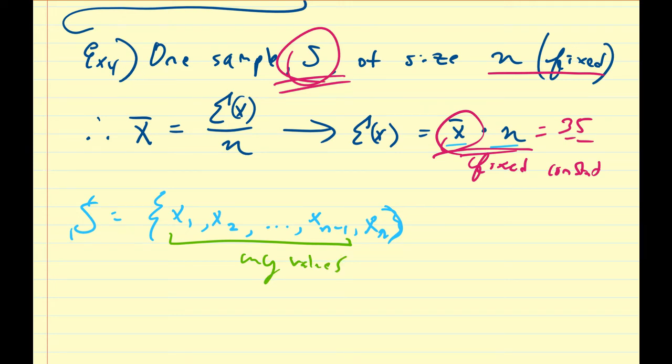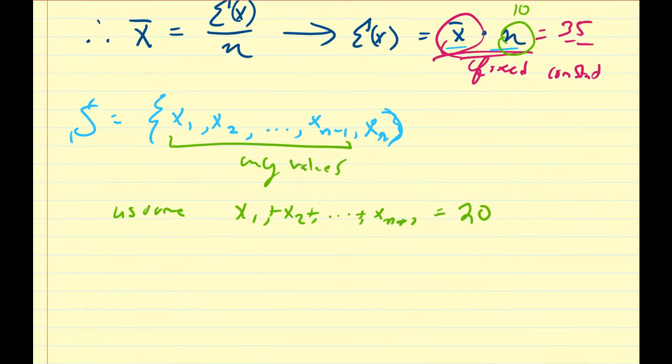It doesn't really matter. Let us assume, for example, that x1, x2 down to x(n-1), when I add them all up, equal 20. And let us assume that n is equal to, say, 10.